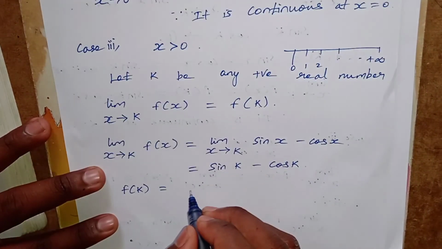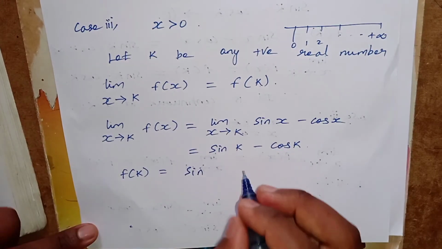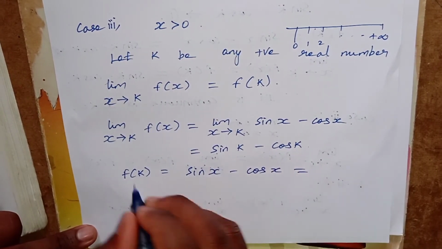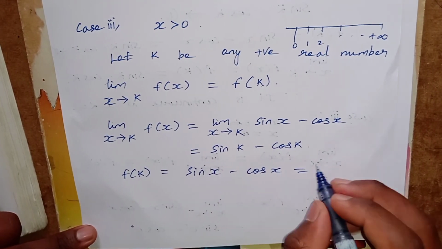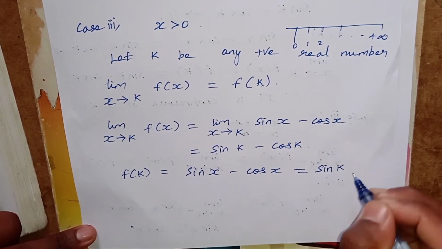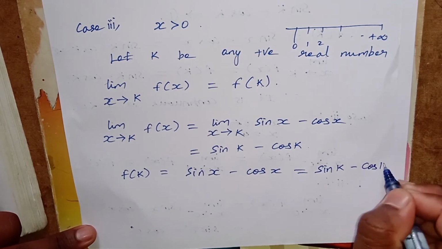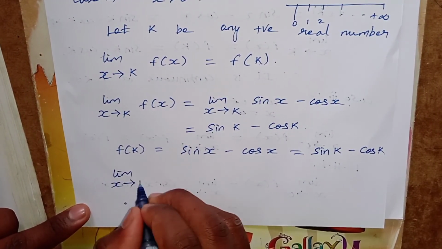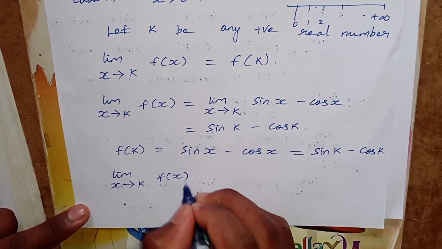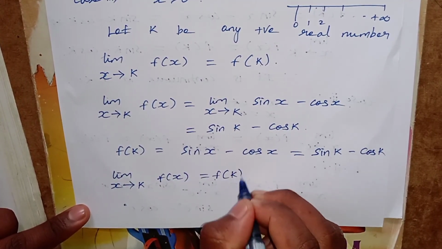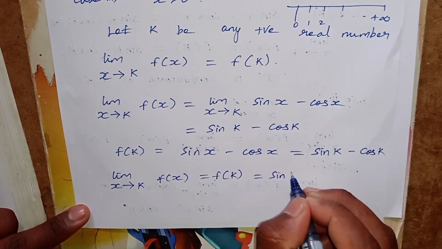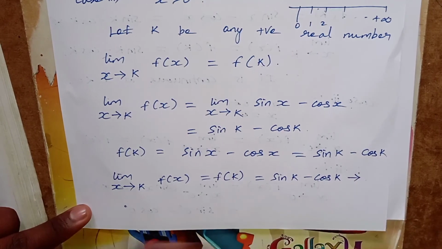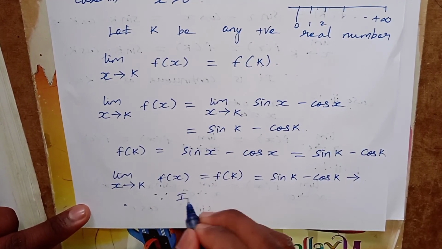sin x minus cos x. In the place of x you substitute k, therefore sin k minus cos k. Here limit x tends to k of f of x is equal to f of k, equal to sin k minus cos k. Therefore finally it is continuous.